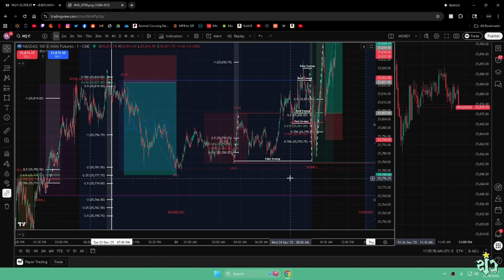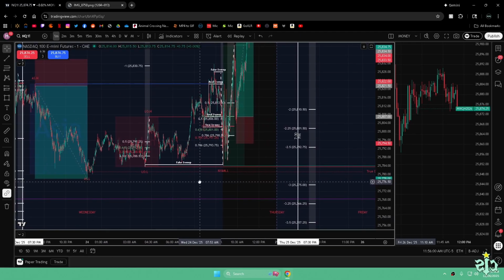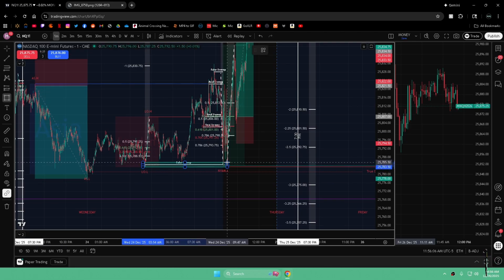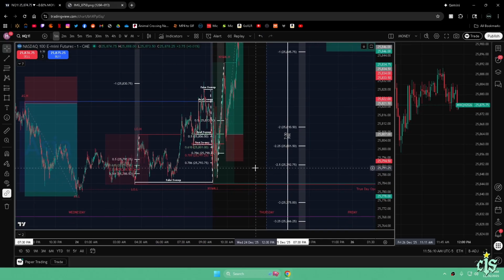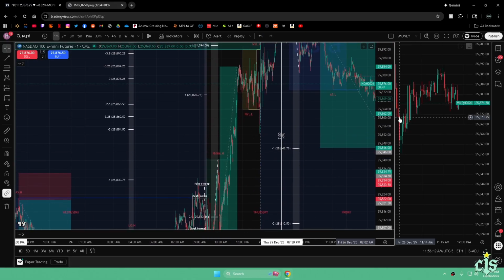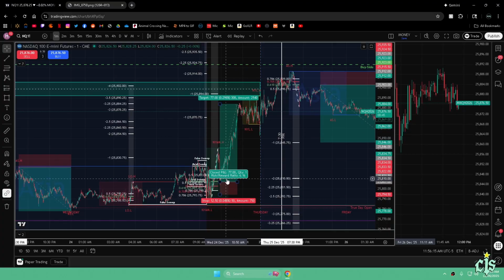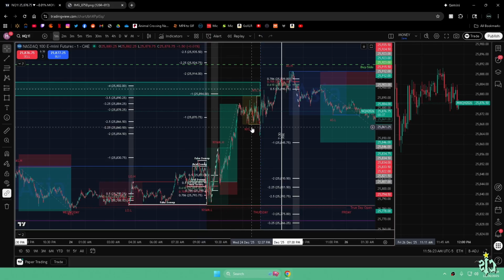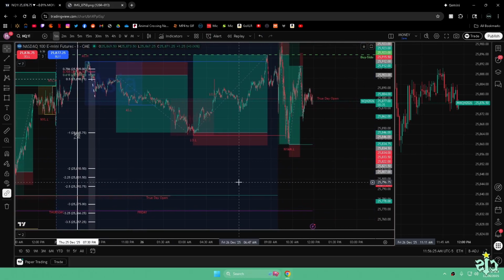There's no reason to go any lower. And we sweep these. So technically this is an order block right here that gets respected, I believe. But yeah, you would aim for buy sides, right? Based on ICT. This is based on ICT plus the fibs, right? Fib entry, ICT draw. Okay.